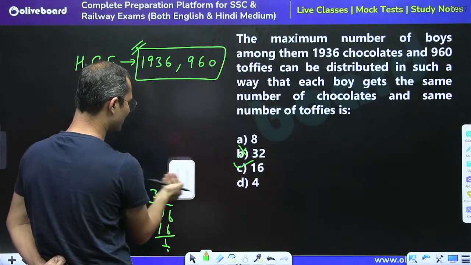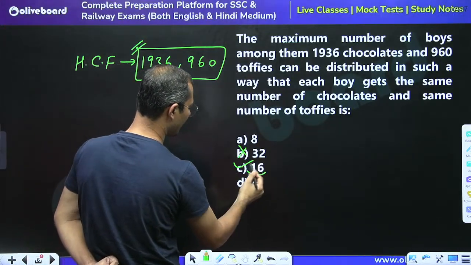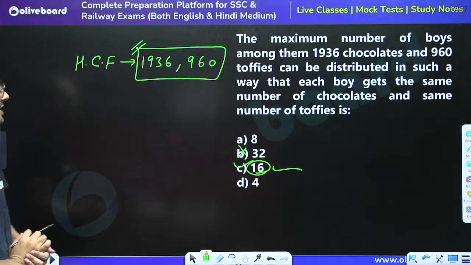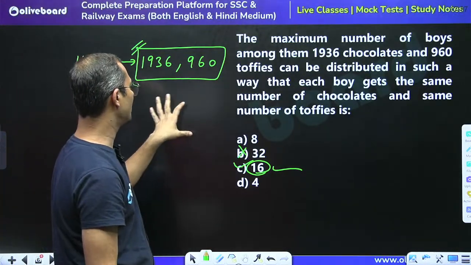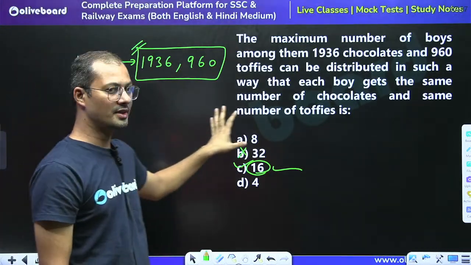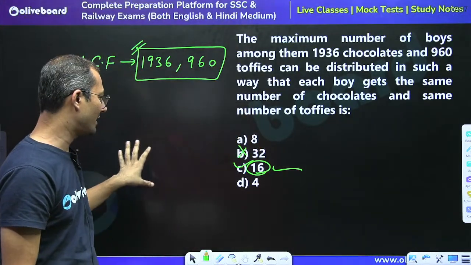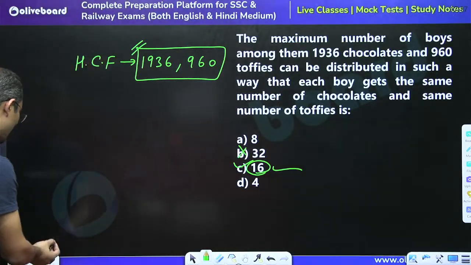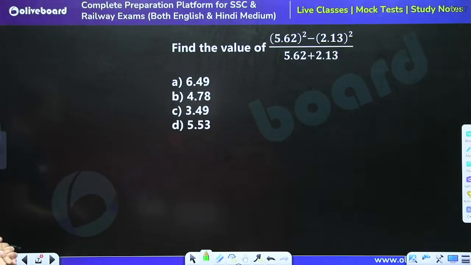So we can say that 16 is the right answer. Just checking by option, we can mark the answer. Otherwise, we would have to do it by prime factorization or divisibility rule, so it will take time. So by option, C part is the right answer. 16 is the right answer.